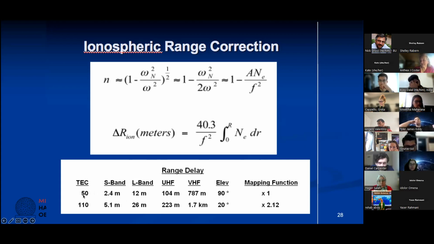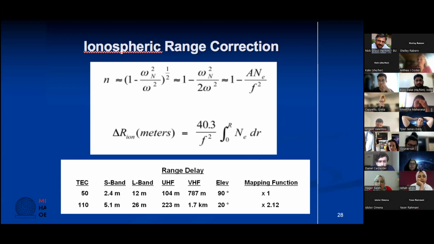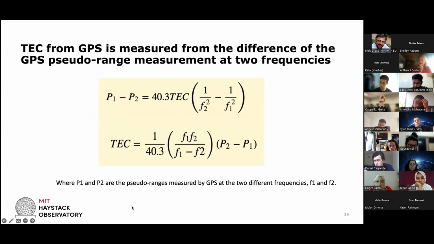Normally at Haystack, we would have maybe 20, so it's much smaller, but certainly in the equatorial region, you can have as much as 100 TEC, and by then you're talking about 26 meters. Remember, when you want to land those planes, you want your measurement better than 5 meters. In fact, you really want it more like 3 or 4 meters. So this is a large number. You have to take it out.